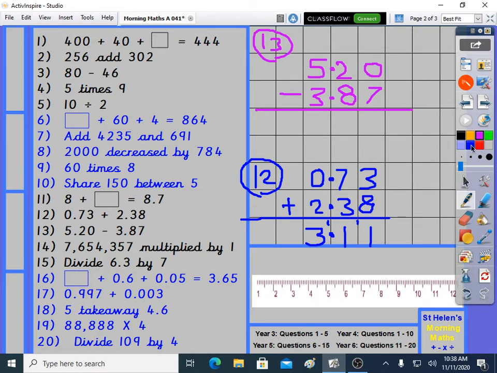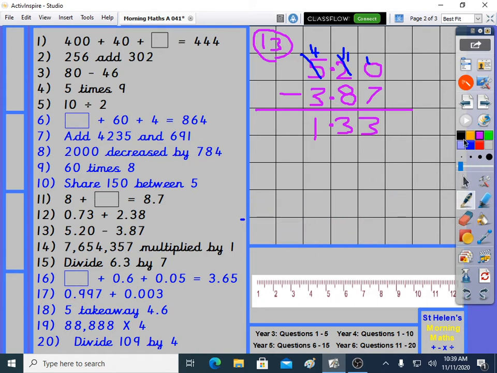Zero take away 7. 10 take away 7 is 3. 1 take away 8, well, we can't do that either. So 11 take away 8 is also 3. And 4 take away 3 is 1. 1.33. 5 and a bit take away 3 and a bit made 1 and a bit. Yeah, that makes sense. And question 14.